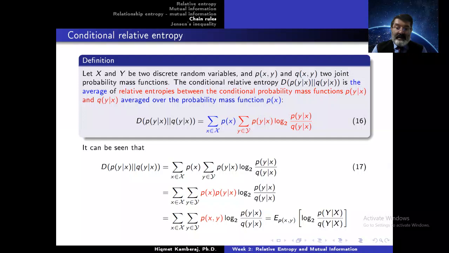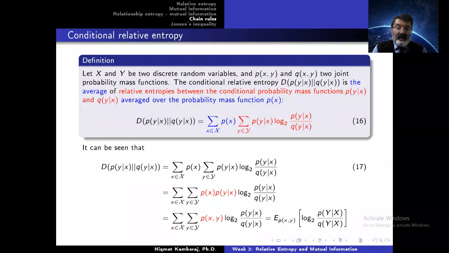Now, on the second line, what I have done, since the second sum does not depend on x, because it's a sum over y's, then p of x can be put inside the second sum. Then I am writing sum of all x's from chi, sum of all y's from epsilon.